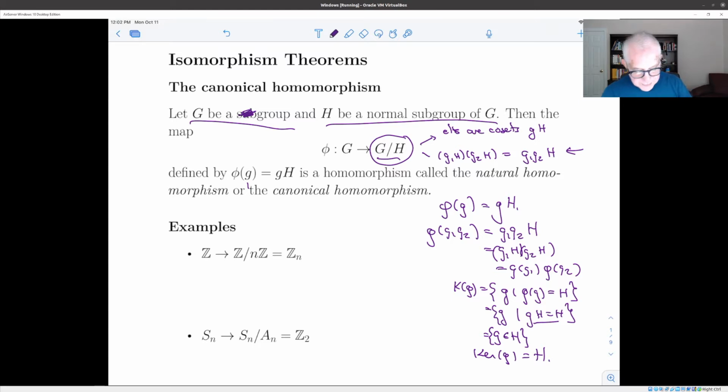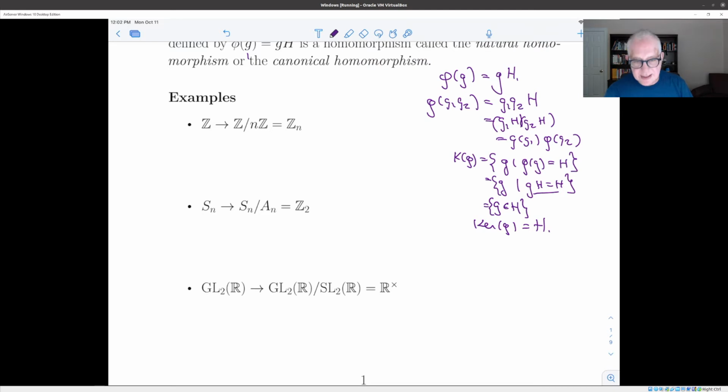Just to make this a little more concrete, here are some examples that I'm going to come back to in this discussion. In the case of Z mod nZ, let's suppose n is bigger than or equal to 1. It could be 0, but that's less interesting. So what is this map? It's the map which takes an integer a to the coset a plus nZ.